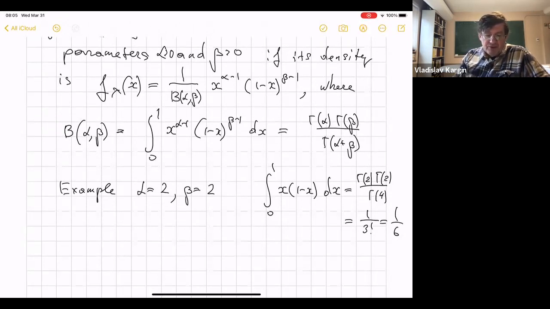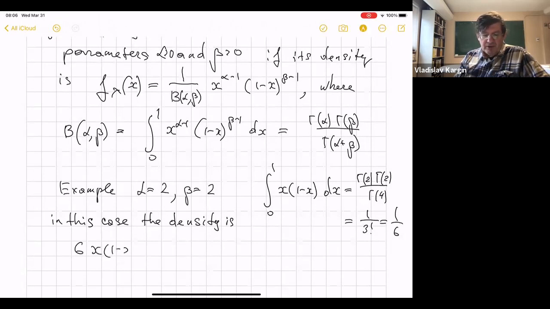So in this case the density is 1 divided by 1/6, so it's 6x times 1 minus x. This is the density for this specific choice of the parameters.